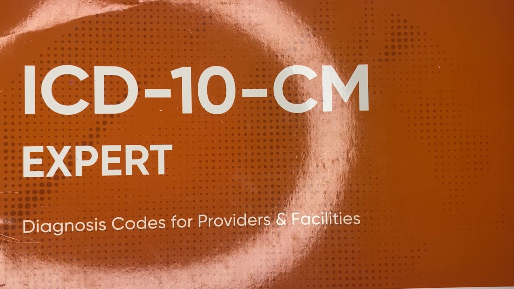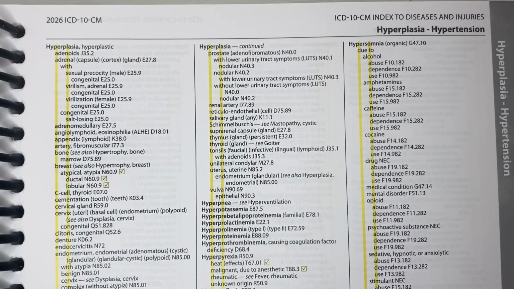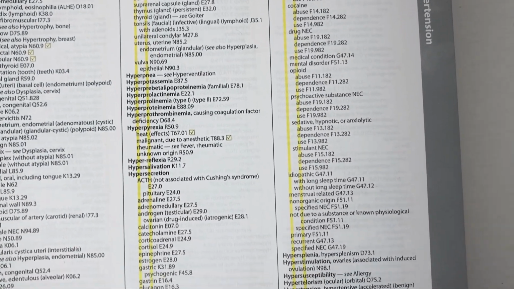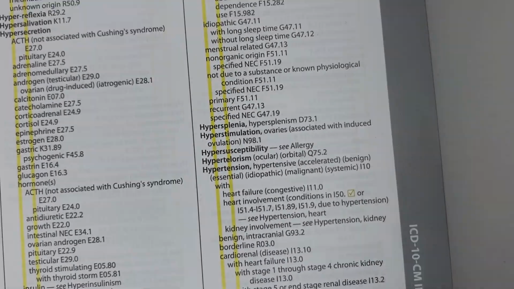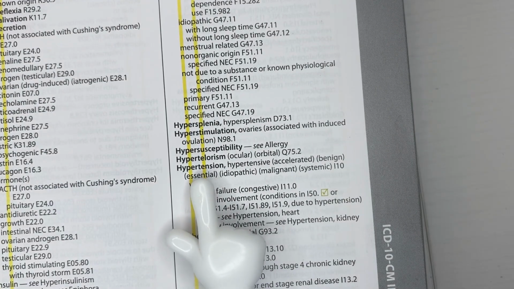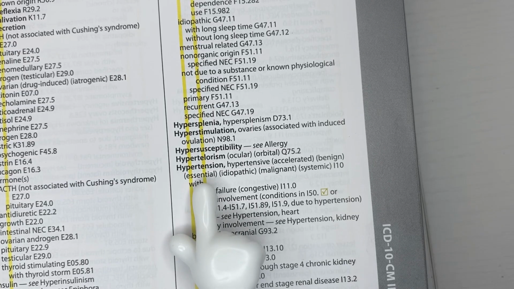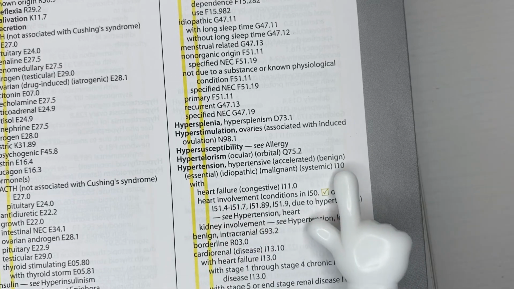Let's start with our ICD-10. So we're going to open up our ICD-10 to our index and look for our primary diagnosis. So we're looking for hypertension. Hypertension is here, and based on our documentation, it's essential. So with that, it gives us the code I10.